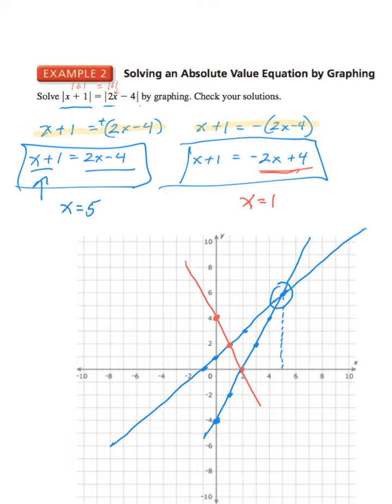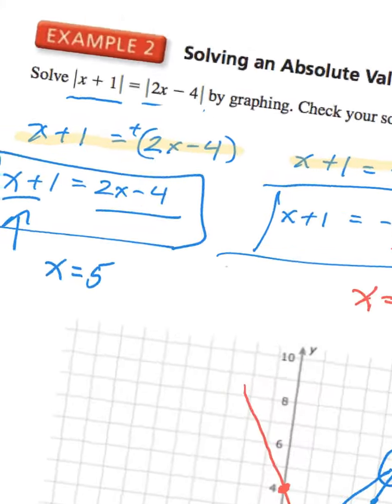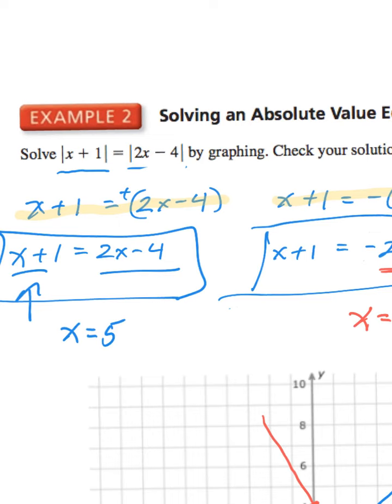What's my other value for x, Shane? See here? New. Okay, what's my other value for x, Ines? 1. Let's go ahead and plug in the value 1 and see what happens, right? So let's go back up to here, and I'm going to plug in 1.